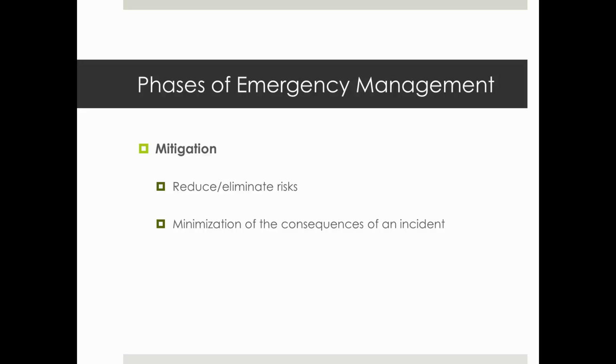Some disasters are avoided entirely if appropriate mitigation techniques are used. It also refers to the minimization of the consequences of an incident. Many emergencies certainly are not avoidable, or even the effects, but often we realize that we could have taken measures to reduce the negative effect of the crisis. Good mitigation strategies identify those measures before the emergency occurs.